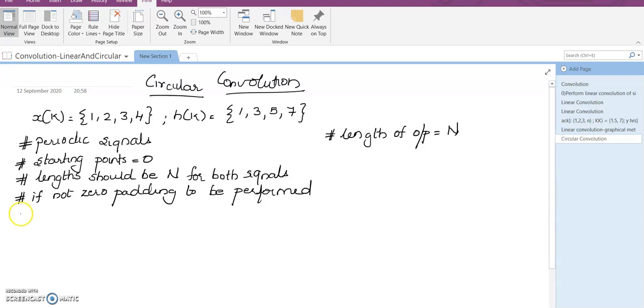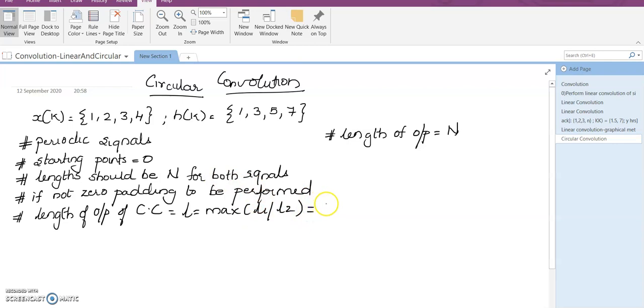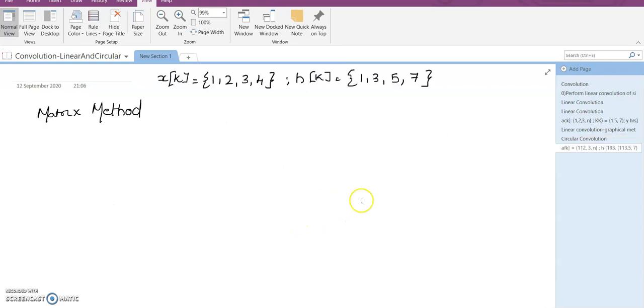In general, the length of the output of circular convolution will be L, which is the max of L1 or L2. In this case, L1 is 4 and L2 is 4, so the length of the output will also be 4.